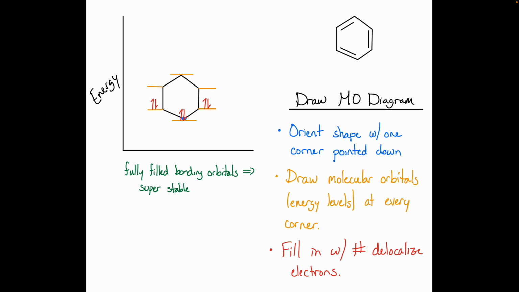It's a big, ugly problem, all right? But it does work. So we can use this little trick of taking this shape and turning it such that one point is facing down, drawing energy levels on these corners, and this represents the molecular orbital diagram of that particular molecule, right? The relative energy level of those molecular orbitals in this little shape here in our molecule.